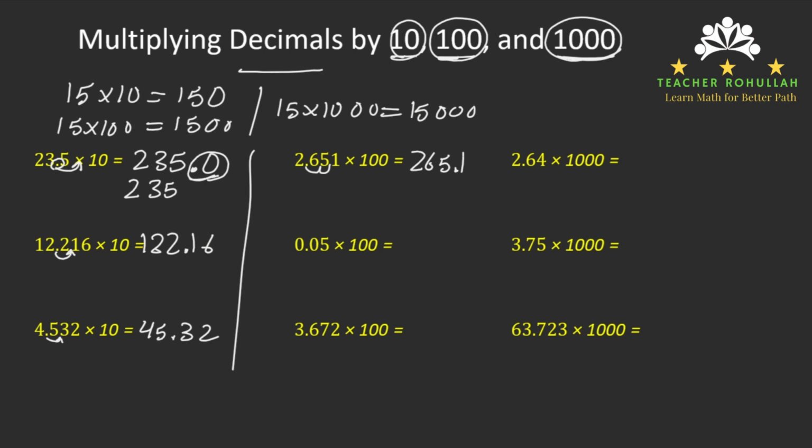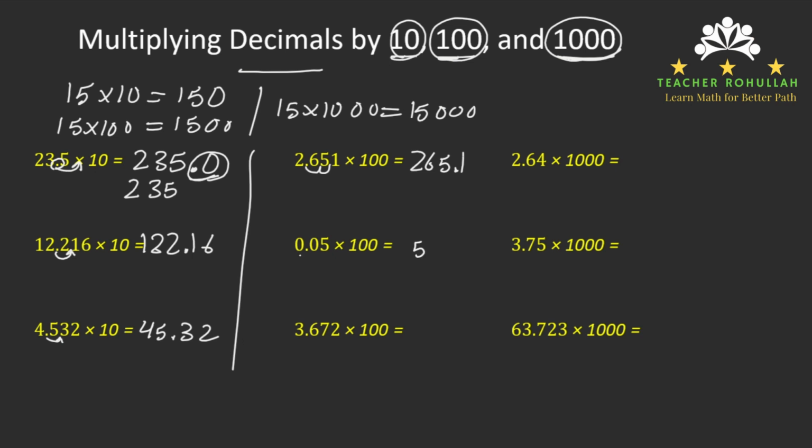The second example in the second column is 0.05 times 100. Now, when we multiply this decimal with 100, the answer we get is 5.